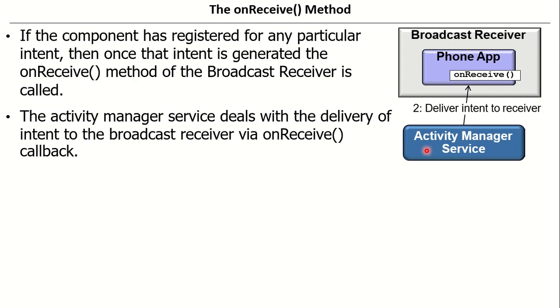The activity manager will come to know about the intent, and will call the phone application's callback function onReceive with this intent, and the broadcast receiver of the phone application can process what to do with that intent. So this is basically how the broadcast receiver works.